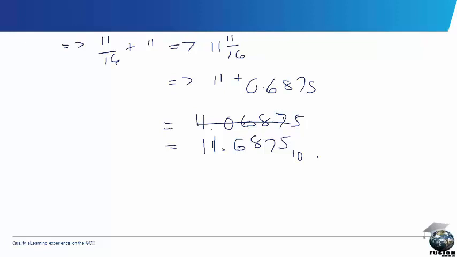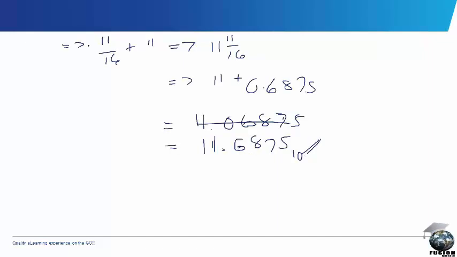Now remember, the conversion to base 10 is easy because you denote the numbers using their superscript, okay, but converting back to other bases from base 10 could be a little bit tasking. Now from the last slide, we had 11.6875 as its conversion to base 10, 11.6875 in base 10, and we intend to convert back to base 2.